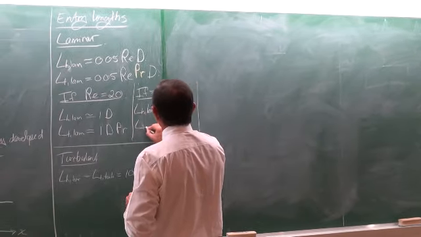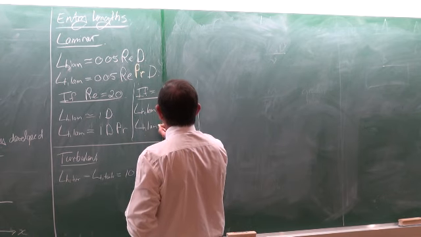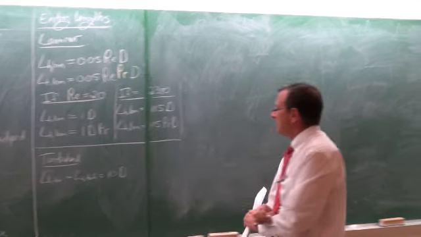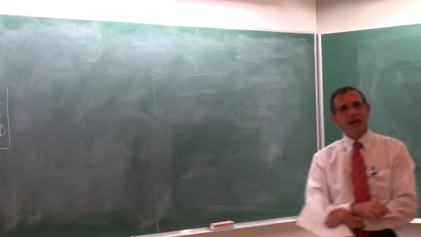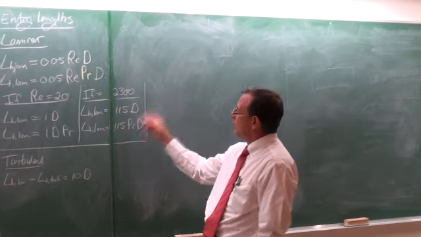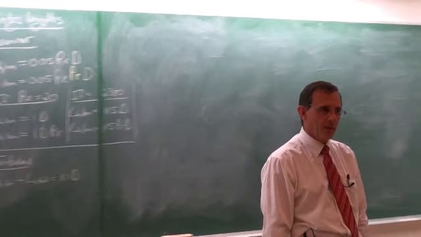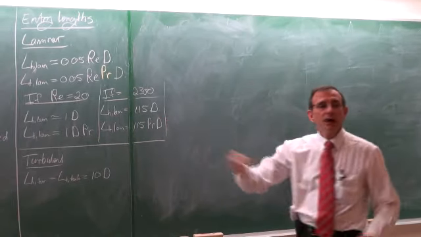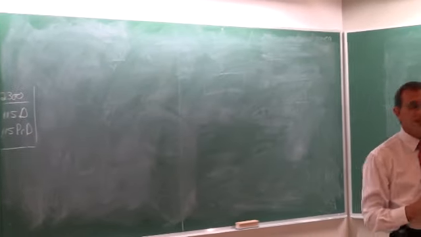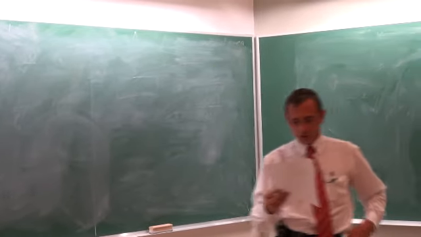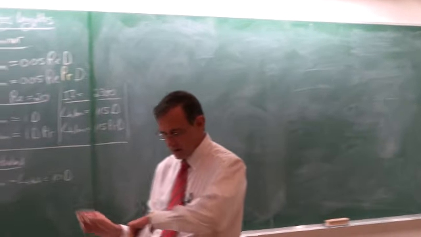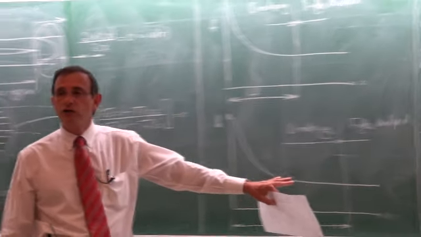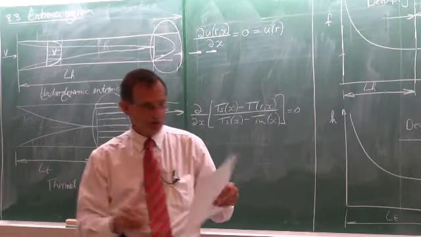And the thermal one would of course be 115 times the Prandtl number multiplied by the diameter. So if it is air, it's 115 multiplied by 0.6, it's approximately 100 diameters. If it's water, it's going to be about 700 diameters before the flow is fully developed. Okay. You follow? So much of it you've done in fluid mechanics. We just put the heat transfer part with it.